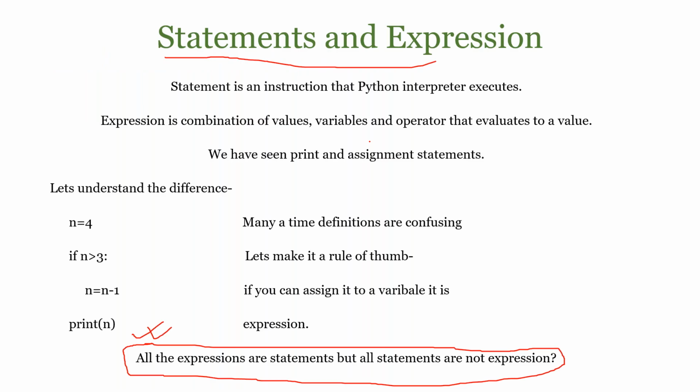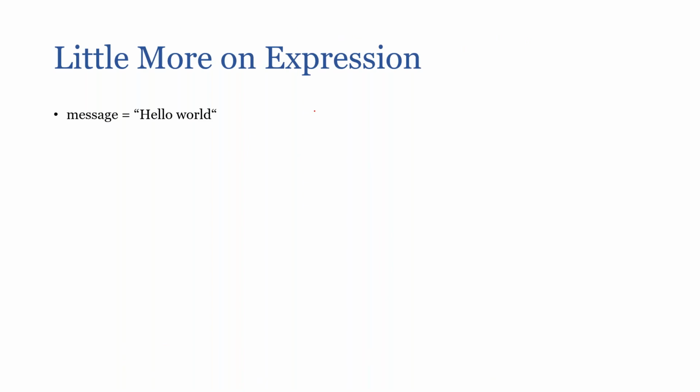So in the process of statement and expression, let's try to understand the expression a little bit more. We assign the message hello world, this string. Why is this a string? You remember from the class, if we put anything under quotes, that becomes a string. So we have assigned a variable for this string.